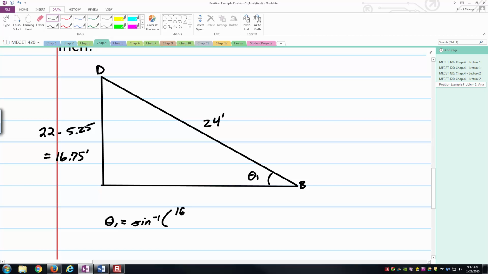That's opposite over hypotenuse, so 16.75 feet all over the 24 feet here. And we'll compute our angle. That looks like 44.26 degrees.